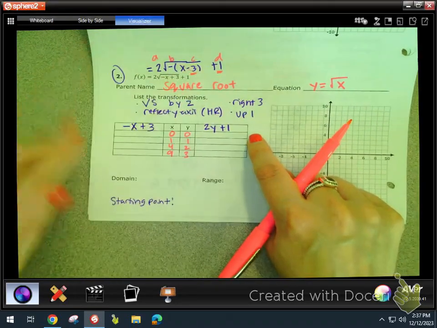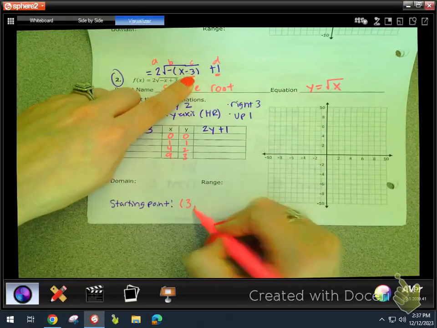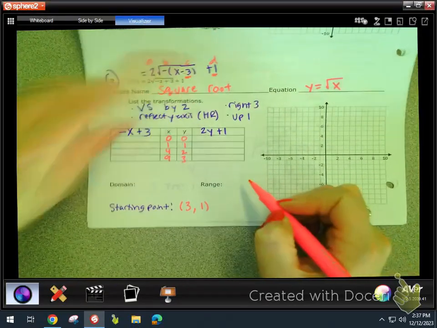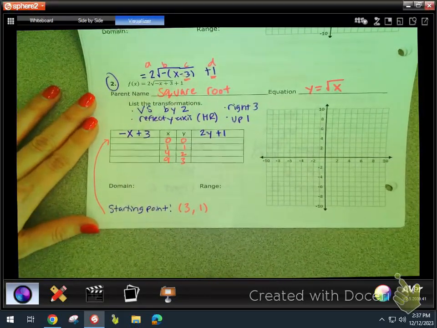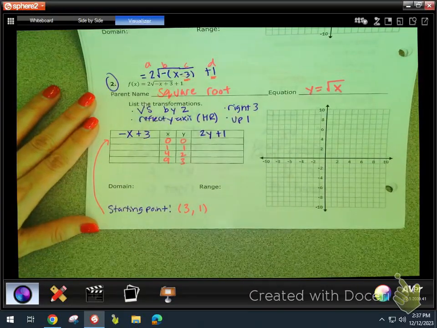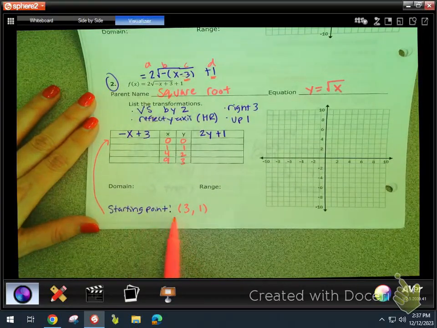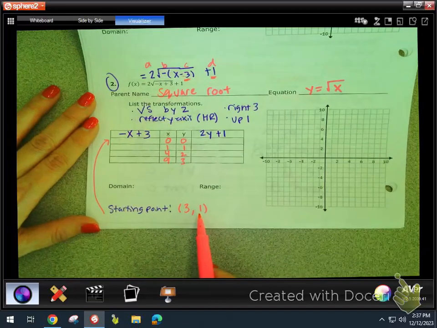So what's the starting point of this graph going to be? Flip the x, keep the y. Now this should match what I get when I plug into my table, okay? And I want you to call it a starting point. It will be a minimum or maximum, but we need to look at how the graph is going. But this is the point that I'm going to connect from, because these graphs are a little bit weird and people mess them up. So that's why I like to call it a starting point.